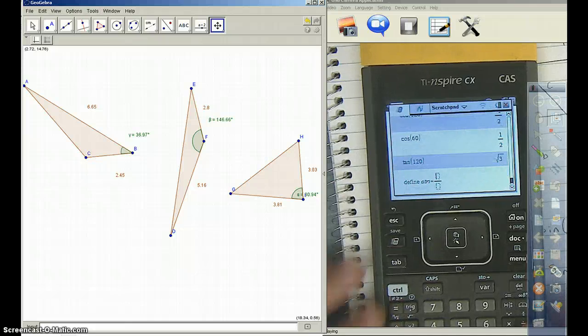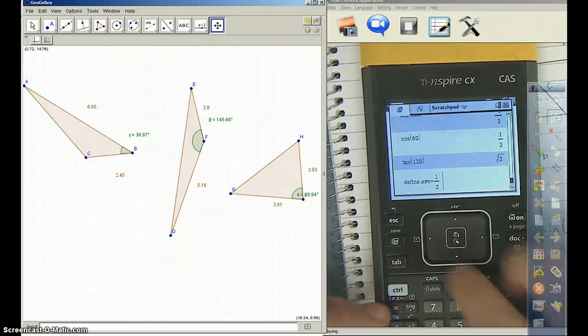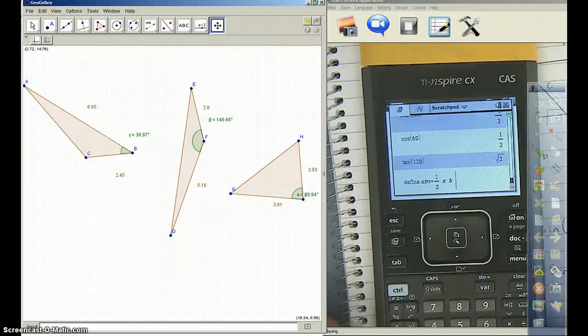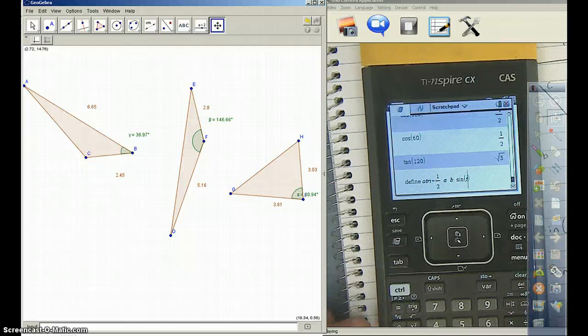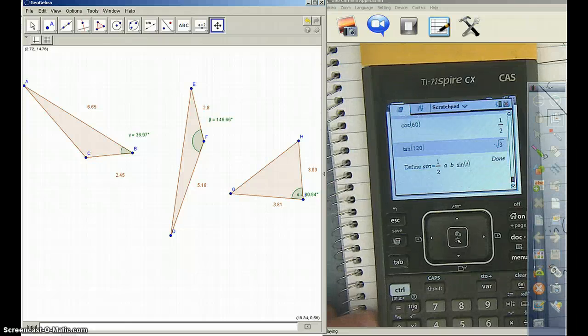So it's going to be equal to my formula, which is 1/2 times little a times little b times the sine of t. So that's the sine of theta. t will stand for theta. So I can hit that in. And all I have to do is plug in what is a, b, and t.